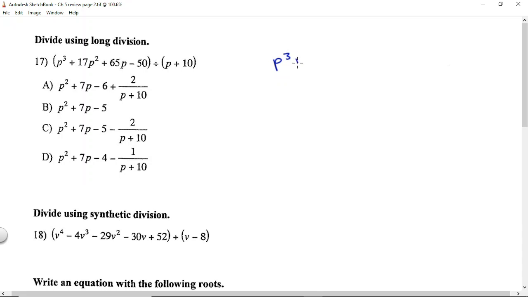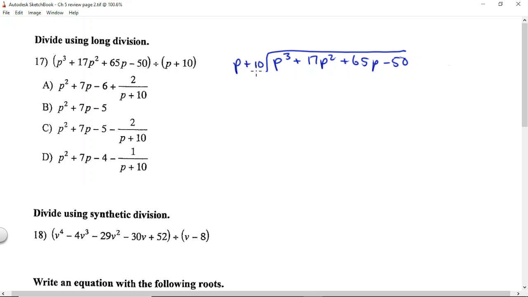P cubed plus 17p squared plus 65p minus 50 divided by p plus 10. Okay, so we take the p cubed divided by p. And in class I did this a little bit awkwardly.